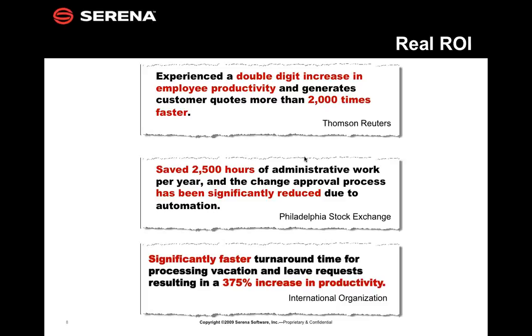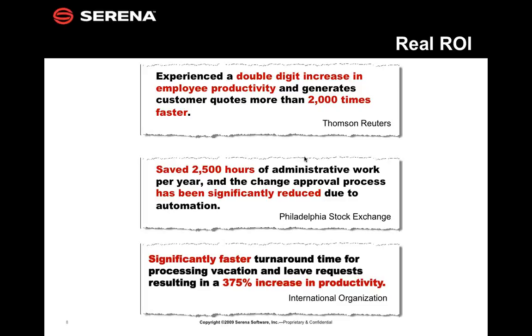So at Thomson Reuters, after implementing Lean Business Process Management, this was around doing sales proposals, they saw a double-digit increase in employee productivity and were able to get out customer quotes 2,000 times faster than they did before. The key here is that, once again, this didn't require sophisticated programming resources to make it happen.